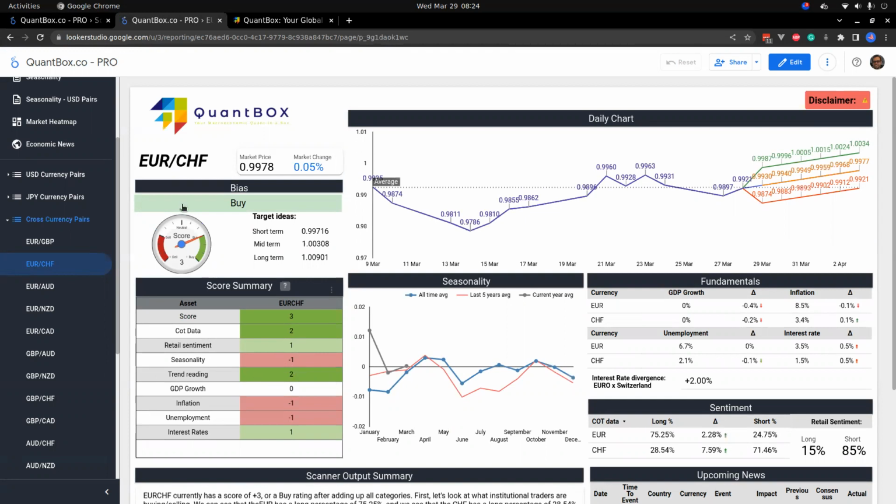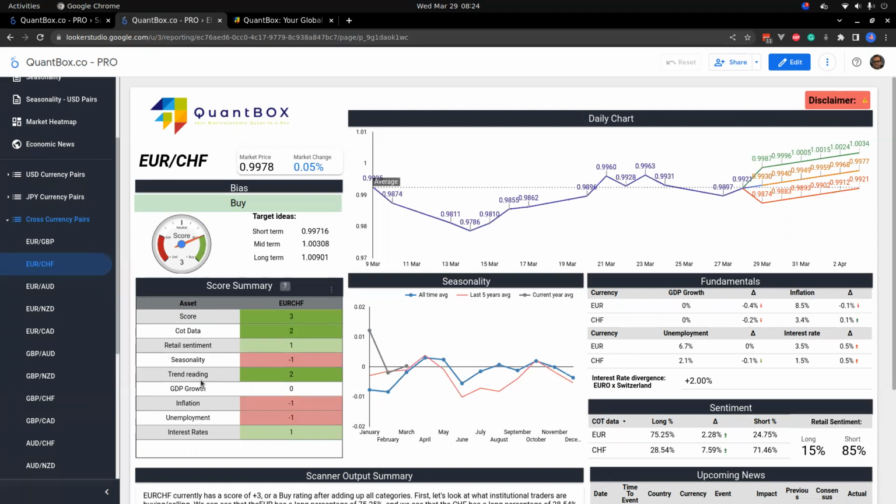So for example, right now on Euro Swissy, you've got COT data being bullish, a score of 2, and you've got a couple of red items under your list, in your column over here. What does that mean? Well, it means the market's currently long Euro Swissy, and there are some bearish data points. Well, that might have an effect on your overall chart.